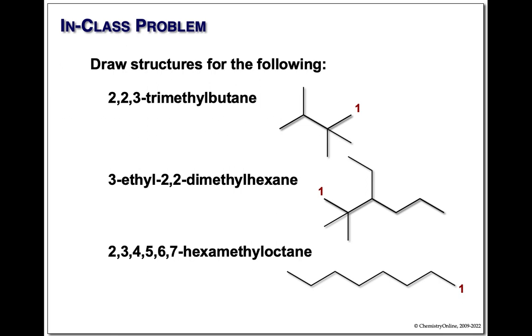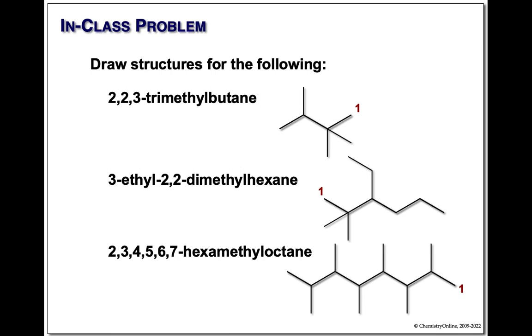They are on carbons 2, 3, 4, 5, 6, and 7. Each of those is just a single straight line coming out. And it looks like that. Any questions?